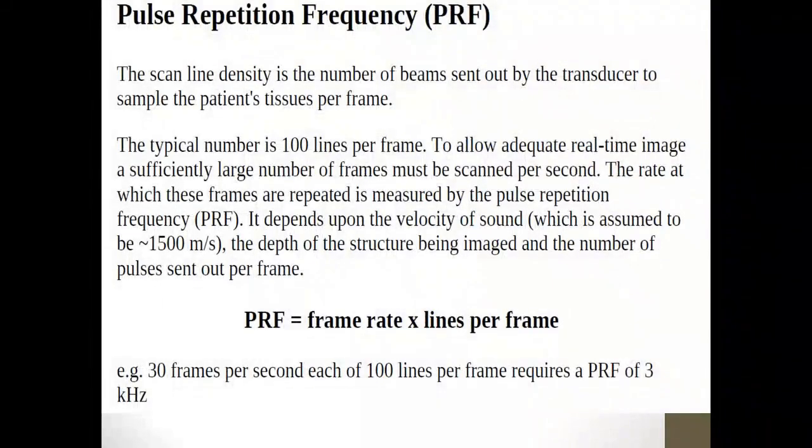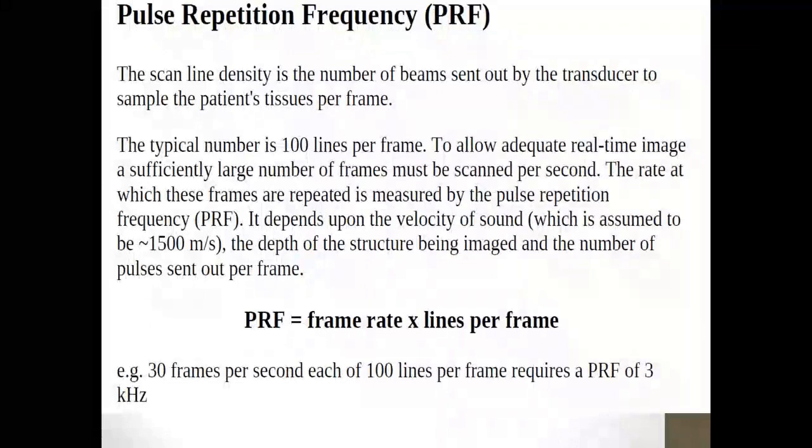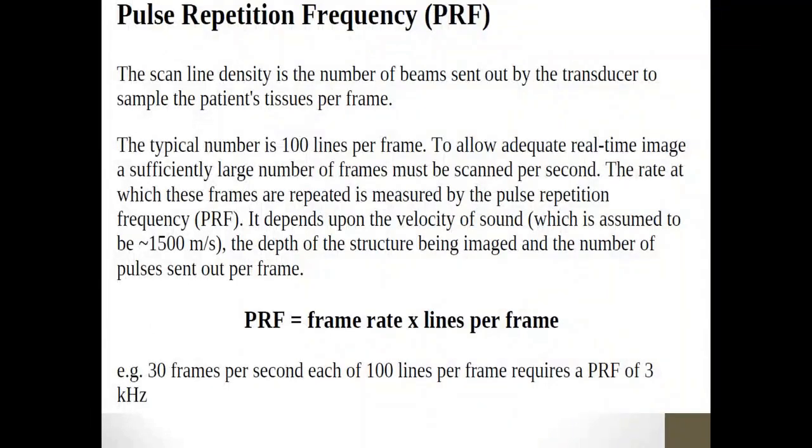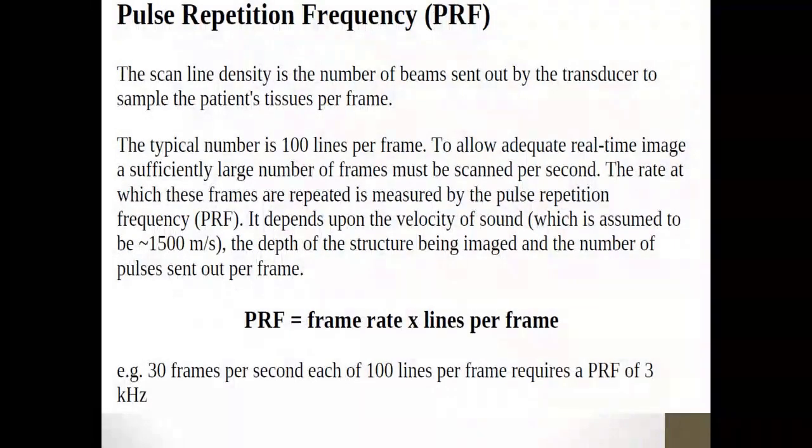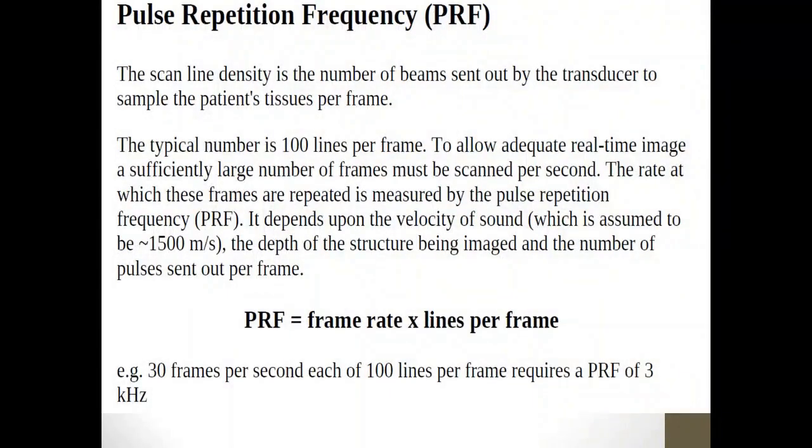This means this is the rate at which the lines are repeated in 1 second. Now, if the pulse repetition frequency is high, then you are increasing the frequency of your pulses. The pulse repetition frequency is also related to the frequency of the ultrasound pulses present.